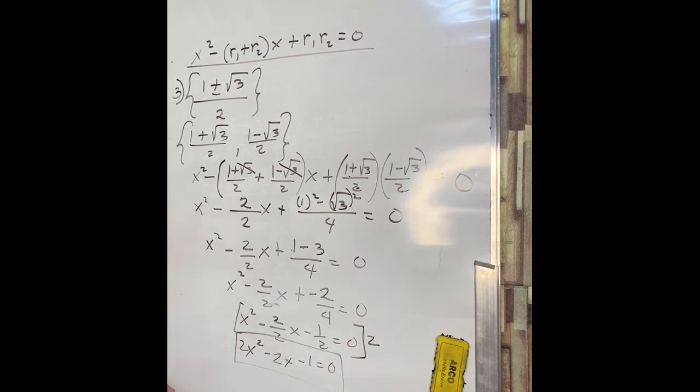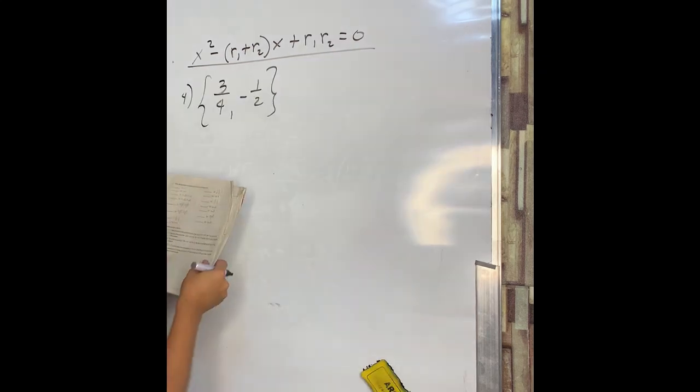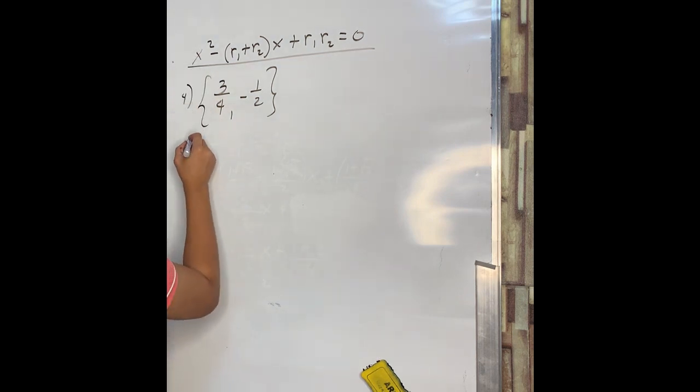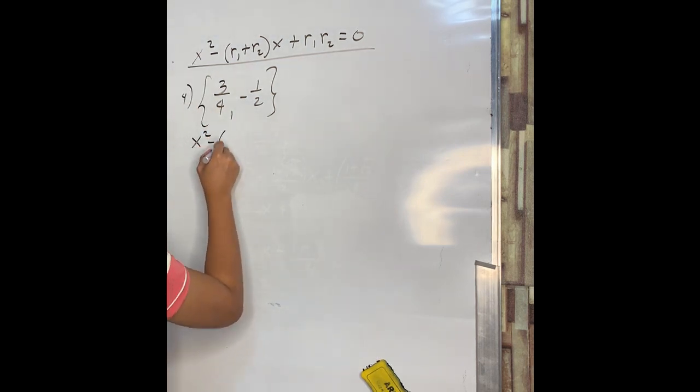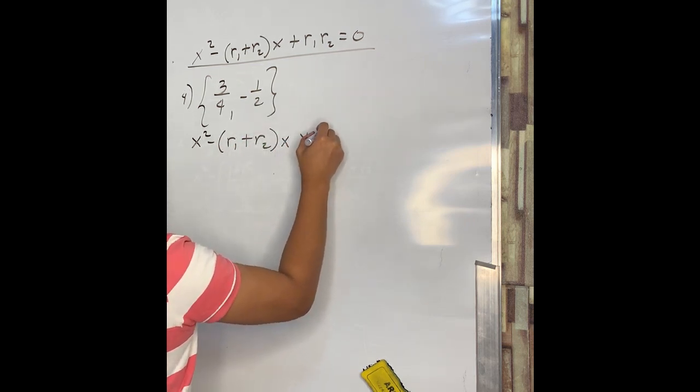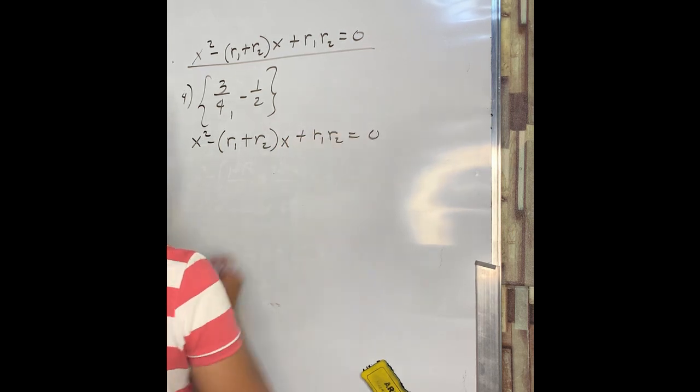Therefore, the equivalent equation of the roots 1 plus minus square root of 3 over 2 is 2x squared minus 2x minus 1 equals 0. Now let's consider 3/4 and negative 1/2 as our roots and identify the quadratic equation by using our formula x squared minus r sub 1 plus r sub 2, x plus r sub 1 times r sub 2 is equal to 0.